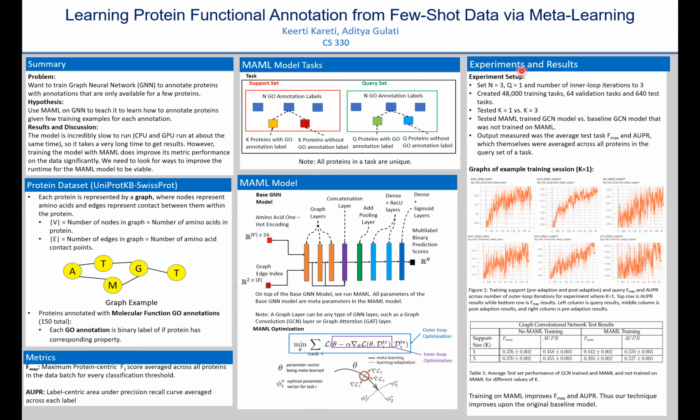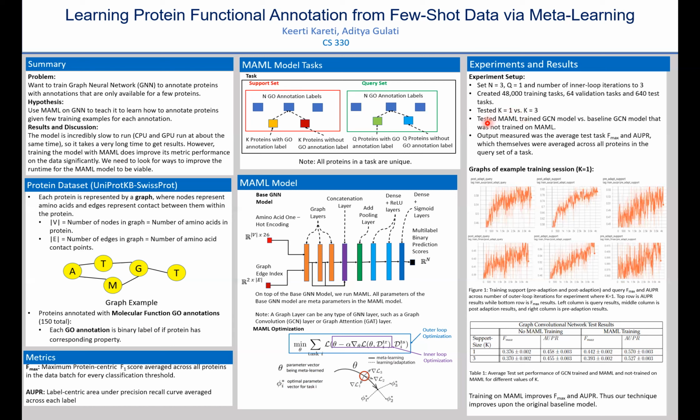Okay, so the experiment setup is described as follows. We set the number of labels to be 3, the number of query examples per label to be 1, and the number of inner loop iterations to be 3 for all our experiments. We tested this for the number of support examples per label being 1 versus 3.